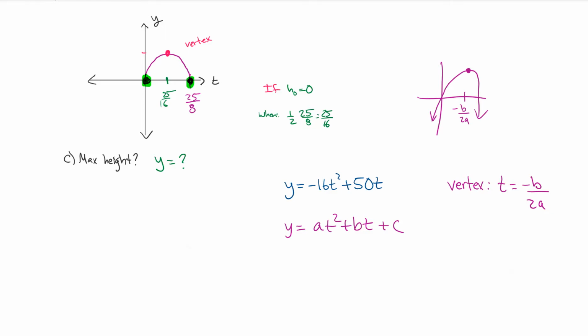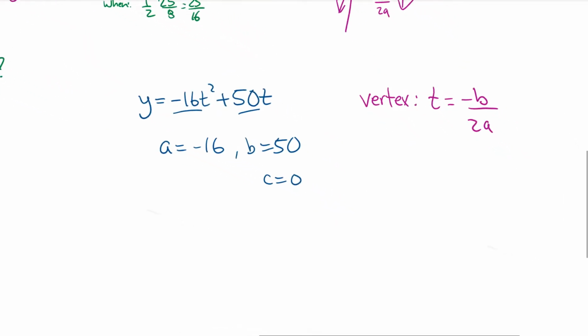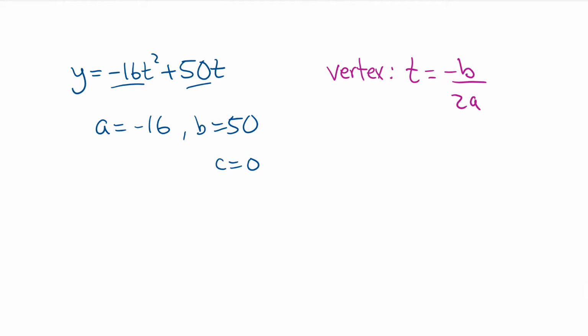So let's take our problem and define our variables. Let's say our a is equal to negative 16, our b is equal to 50, and our c is equal to 0. Well, let's plug it in and see when we're going to have this.